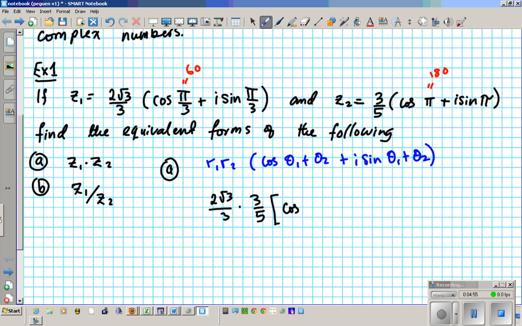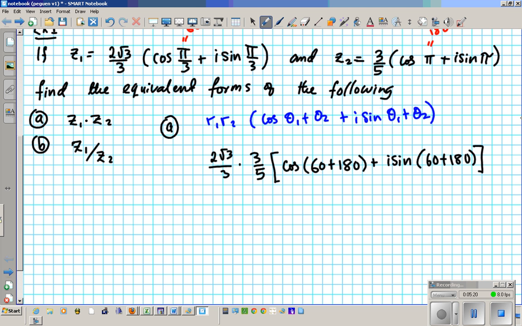So it's easier to add those. It's going to be cosine of 60 plus 180, that's theta 1 and theta 2, plus i sine of 60 plus 180. For the quiz, I'd like you to express the answer in both rectangular and polar forms, so just keep that in mind.